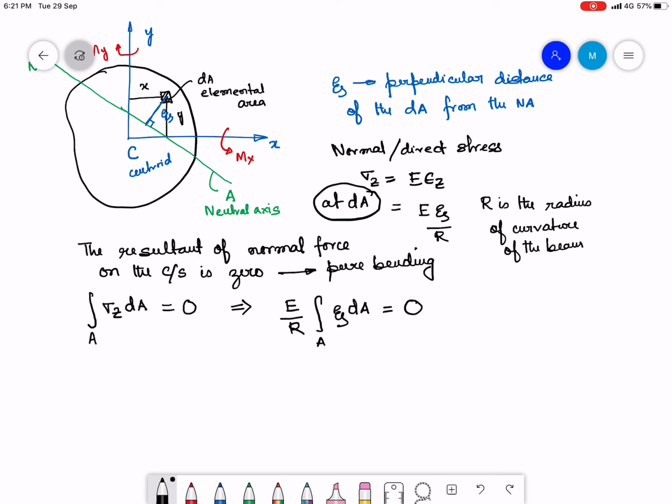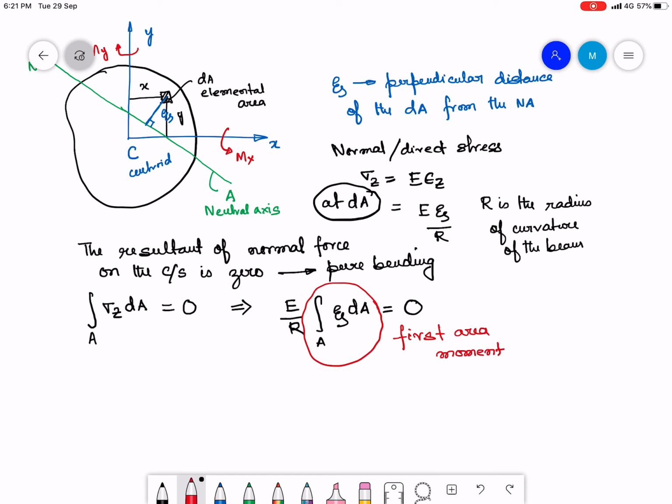Now what is this area integral of zeta into dA? This is nothing but the first area moment. Now try to understand.